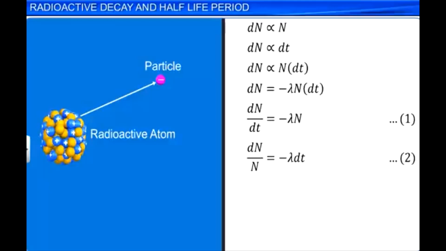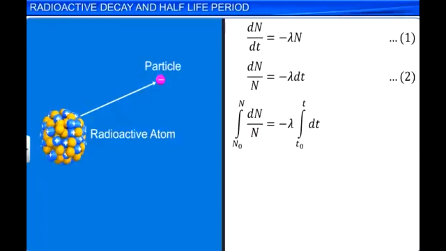Integrating equation 2, we get integral dN by N in the limits N naught to N is equal to minus lambda integral dt in the limits t naught to t. Here, N naught is the initial number of nuclei at time t naught, and N is the number of nuclei at a later time t. Evaluating the integral, we get log N to the base e minus log N naught to the base e is equal to minus lambda (t minus t naught).